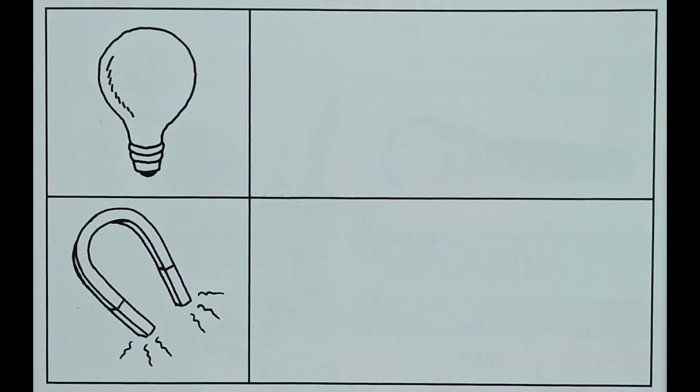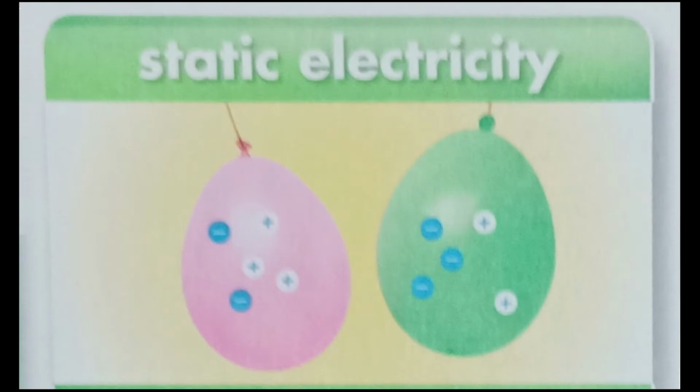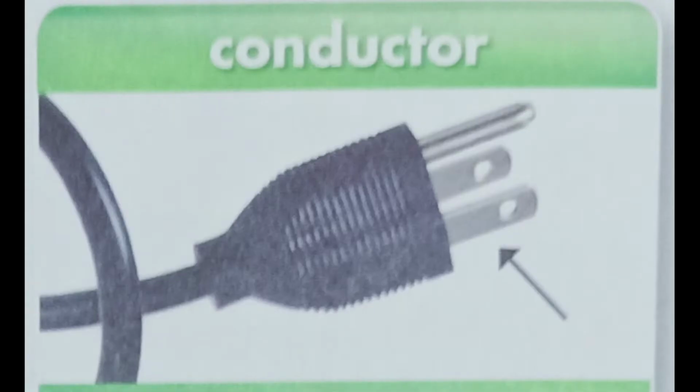Before we get into all the content, let's look at some of the key words. Static electricity. Static electricity is a build-up of positive or negative charge in an object. Conductor. A conductor is a material through which an electrical charge moves easily.